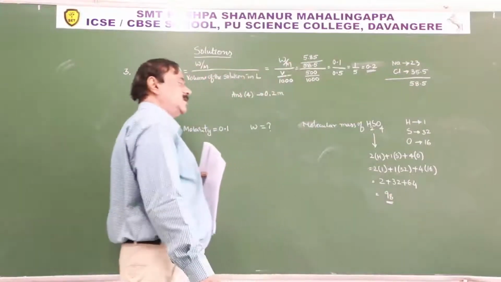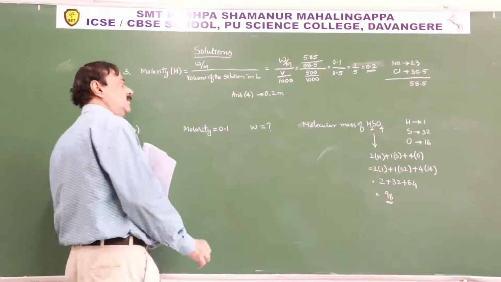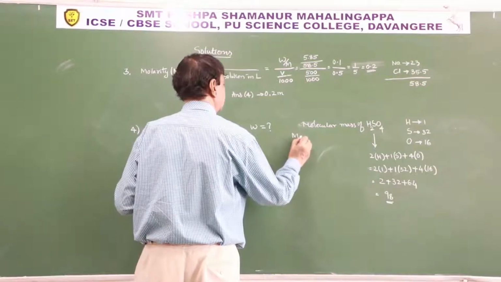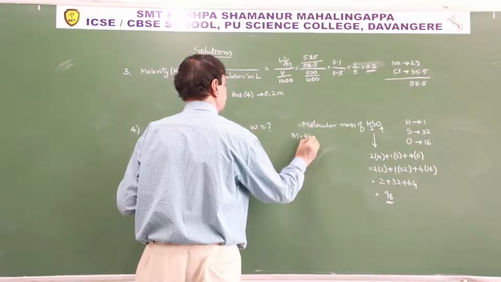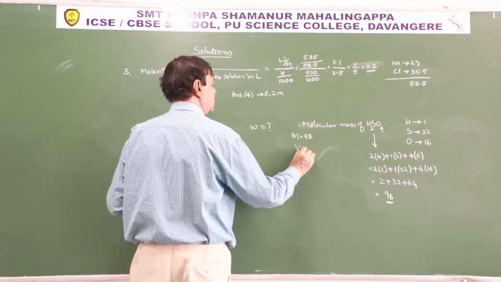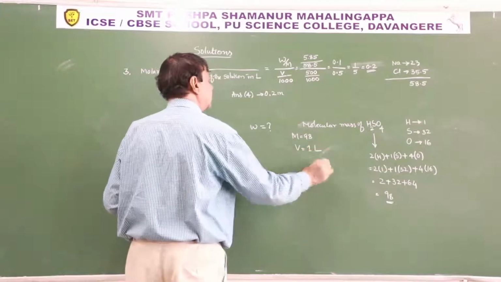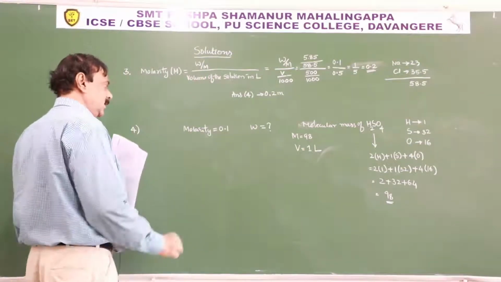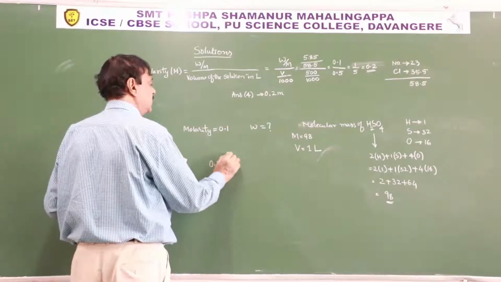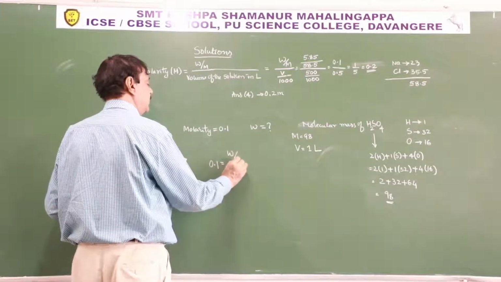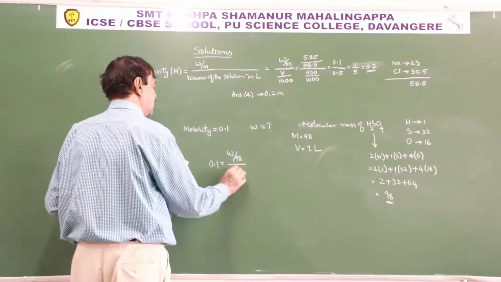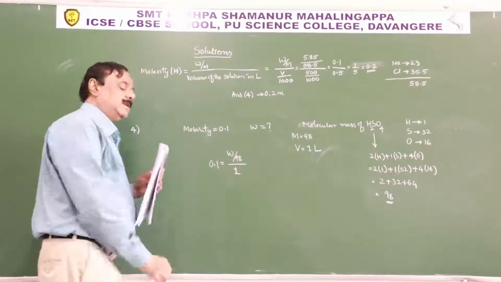Therefore, the molecular mass of sulfuric acid is equal to 98. Therefore, M is equal to 98. Volume of the solution is given, that is 1 liter. Therefore, you know that 0.1 is equal to W divided by molecular mass 98, whole divided by 1 liter of the solution.